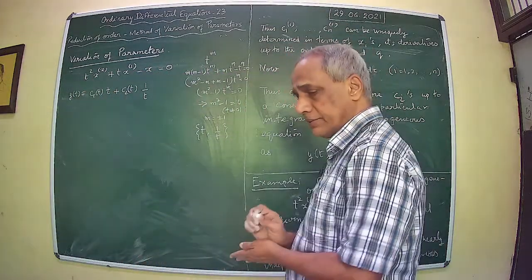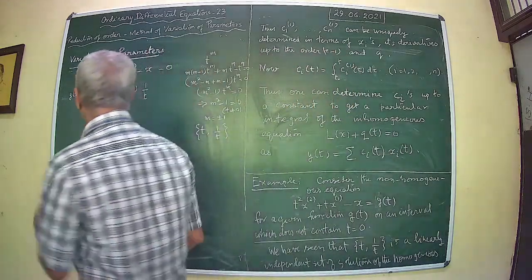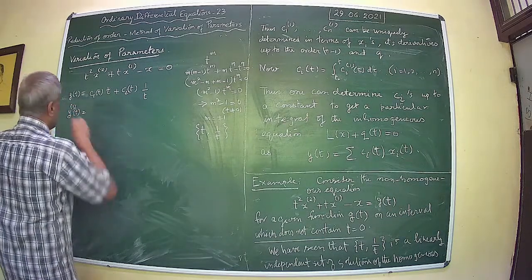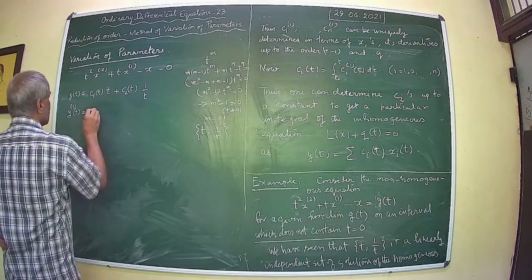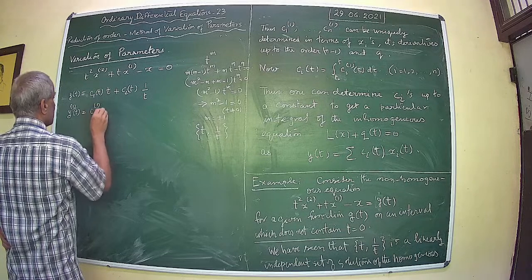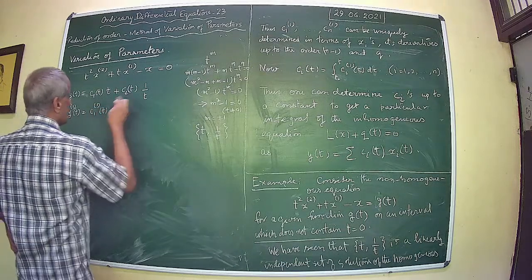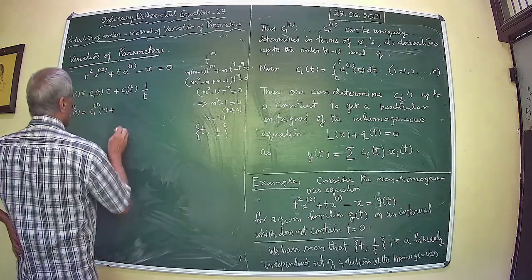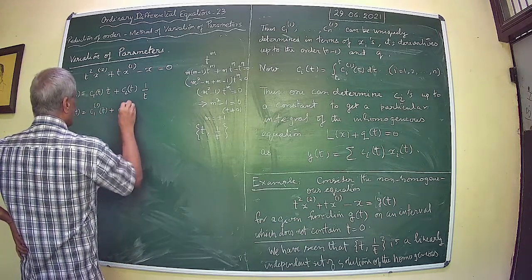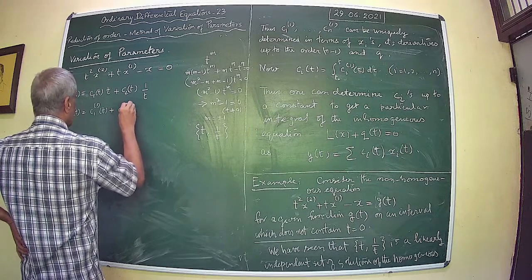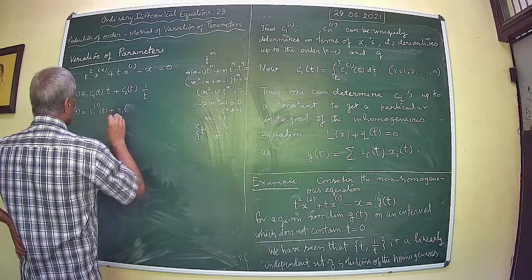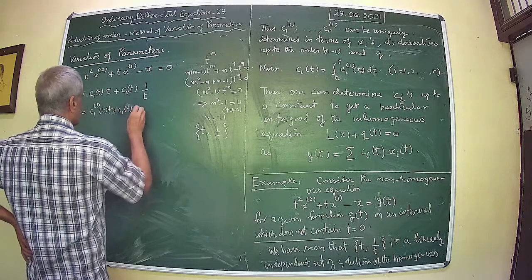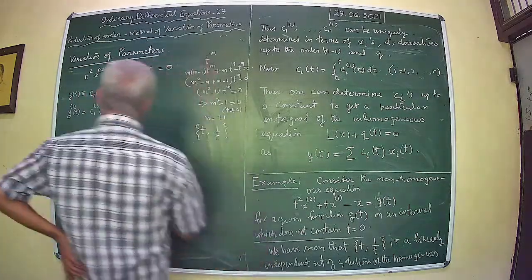c2 by t. Then you find out derivatives of that. Derivatives of that will give you c1 derivative t plus c2 derivative by t.